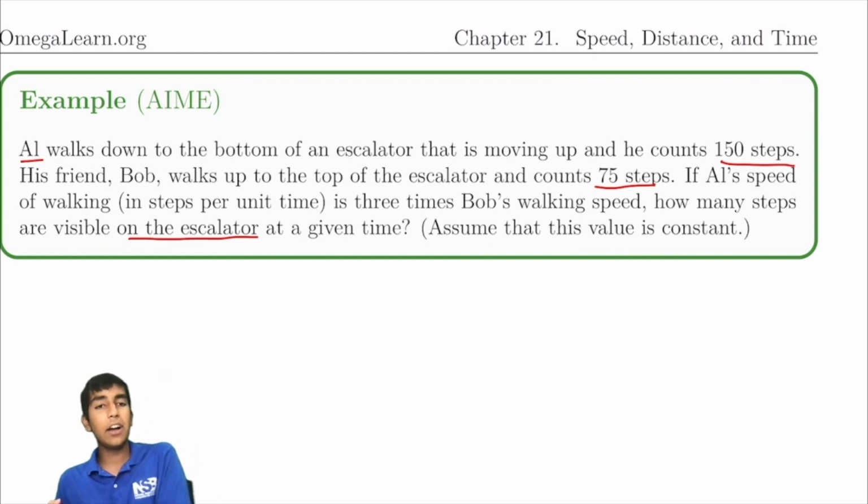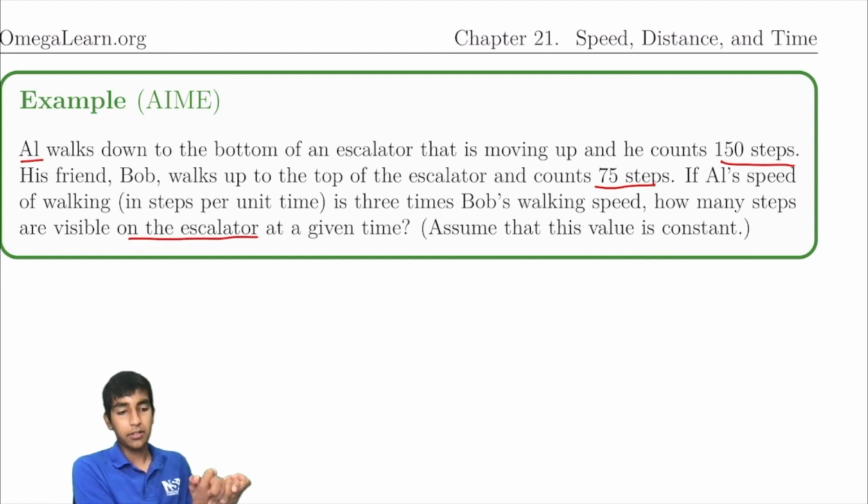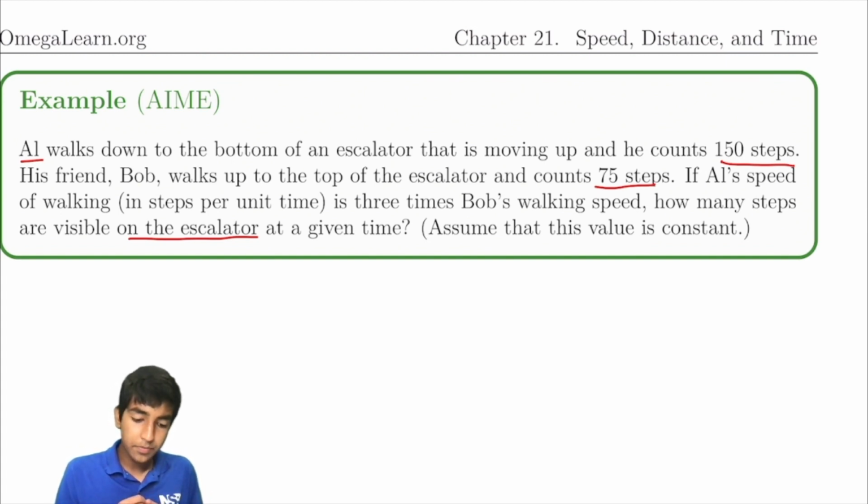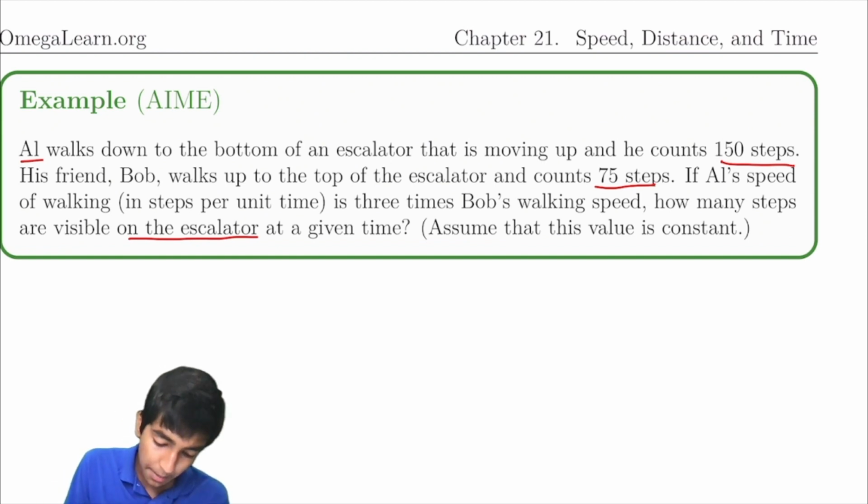What does it mean when he counts 150 steps? Well, the key thing here is that this escalator is moving constantly. So if he counts 150 steps, then he was going at the speed where the 150 steps were shown to him.